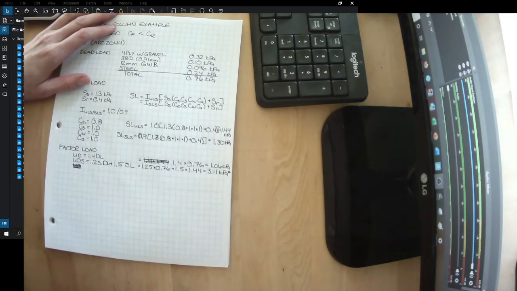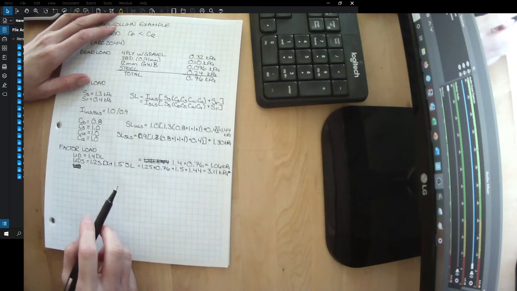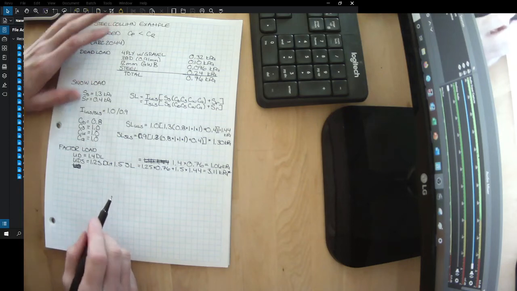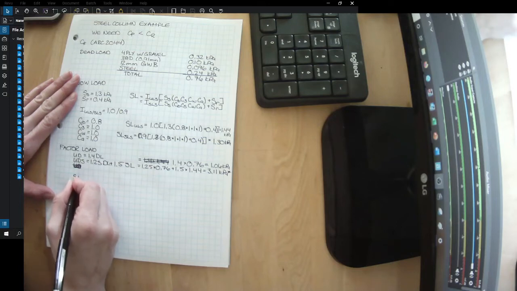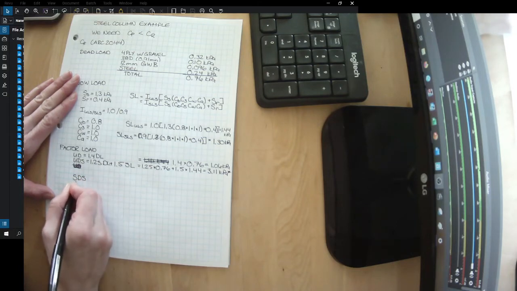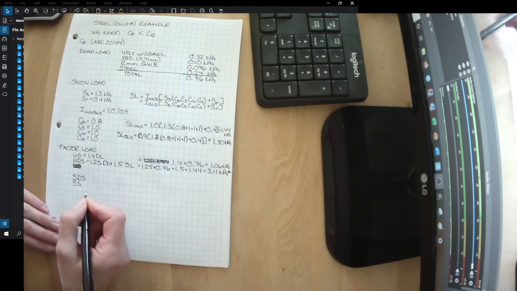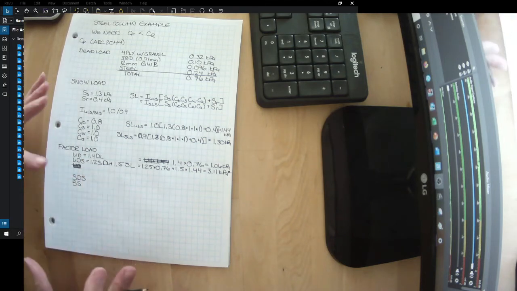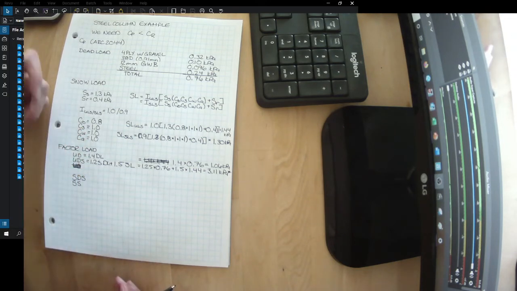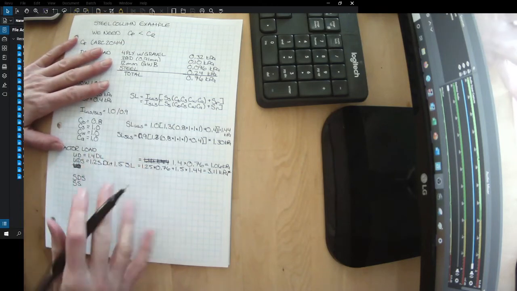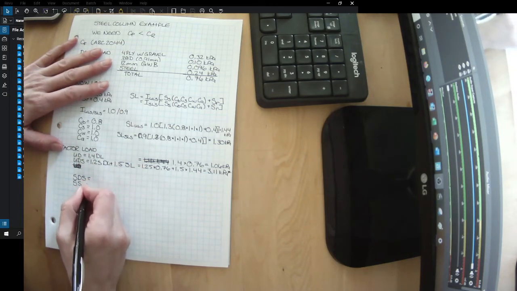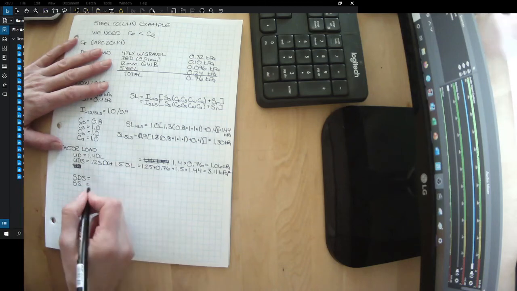We should also be tracking our serviceability load cases. So we have serviceability, dead and snow, and serviceability snow all by itself. Now we're talking about columns here which don't really have an allowable deflection or a maximum deflection we're worried about. But it's always a good idea to track this stuff just in case. You never know when you might need it.